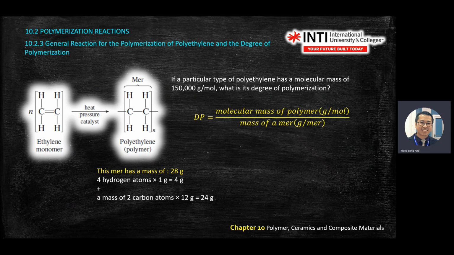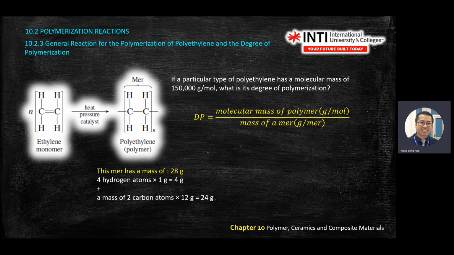It just tells you that N times your mer equals the total polymer. You take how many monomers combined, you get the total chain. So this one you refer to molecular weight, then you rearrange the equation.